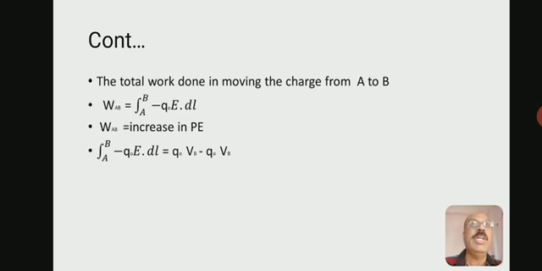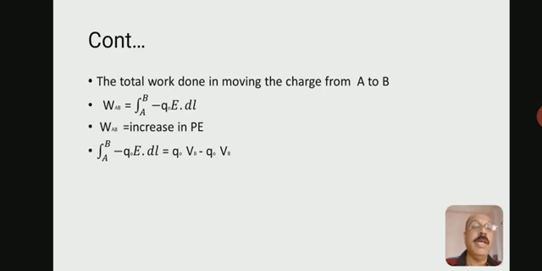Similarly, the total work done in moving a charge from A to B, WAB, is the integral from A to B of minus Q naught E into dl. WAB is equal to the increase in potential energy. So the integral from A to B of minus Q naught E into dl is equal to Q naught VB minus Q naught VA.